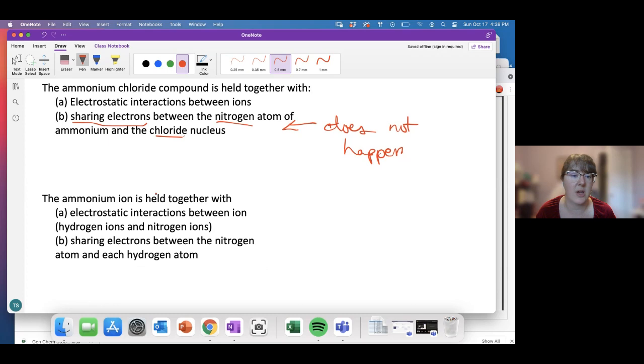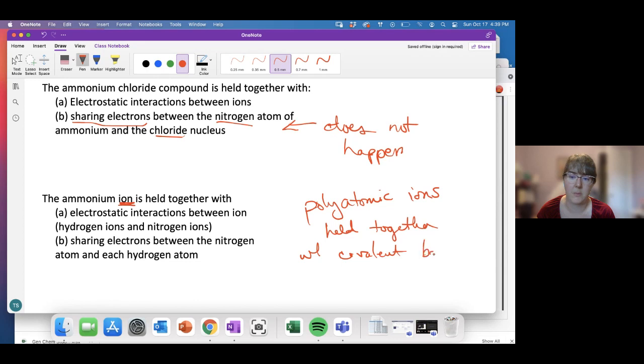So now that we're talking about one particular ion, we are actually talking about what keeps polyatomic ions together, essentially. And when we're talking about polyatomic ions, these are held together with covalent bonds. So you would actually expect the polyatomic ion to be held together by that sharing of electrons.